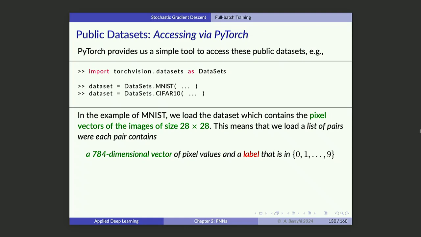You put them in a vector, pass it through your neural network, and at the output, you get a vector of dimension 10. The first class tells you it's 0, the second class tells you it's 1, and so on till the last class, which tells you it's 9, right? And what you want is that when you put in the pixels of the number, for example, 3, then the fourth class at the output gives you the highest probability, right? So that is the problem that you want to solve.